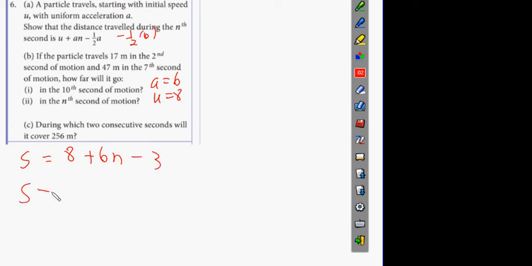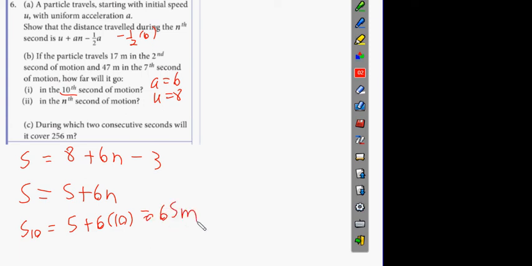So our formula for distance travelled in any second of the motion is now 5 plus 6n. If I want to find out how far it travels in the 10th second of motion, I just need to replace in 10. So S10 is going to be 5 plus 6 times 10, which is 65 metres.